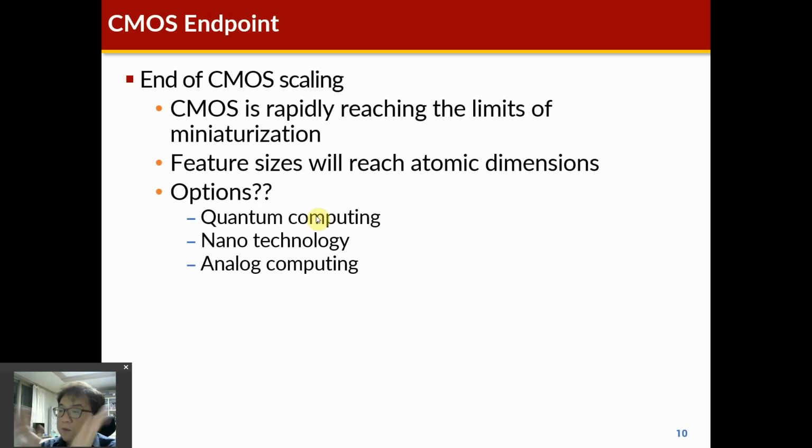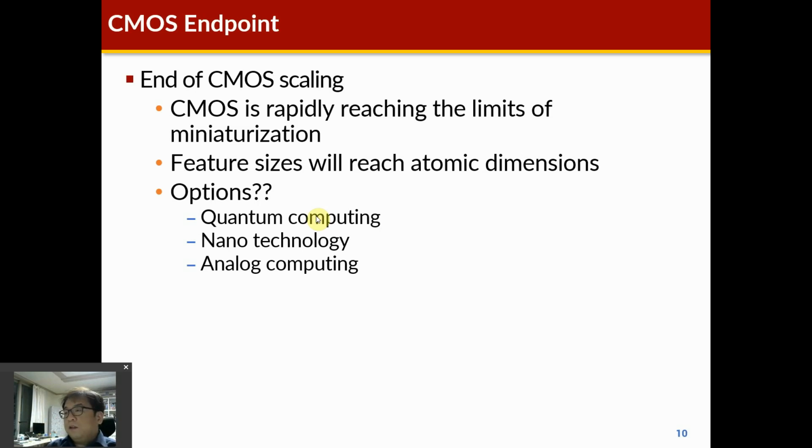So now it's 7 nanometer, and Intel is using the 10 nanometer CMOS process. But this trend, we expect that it will not continue because we cannot continue shrinking this CMOS channel length, channel width.